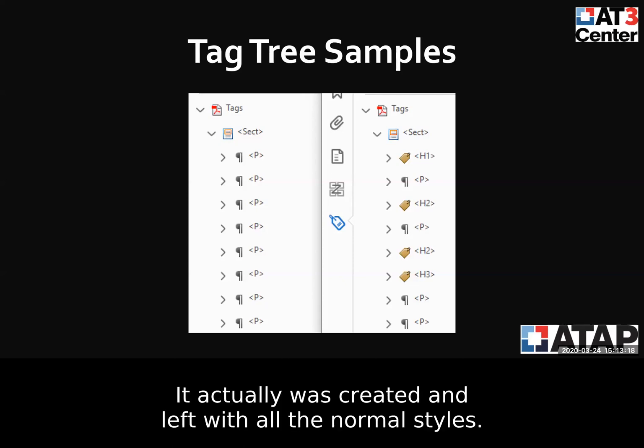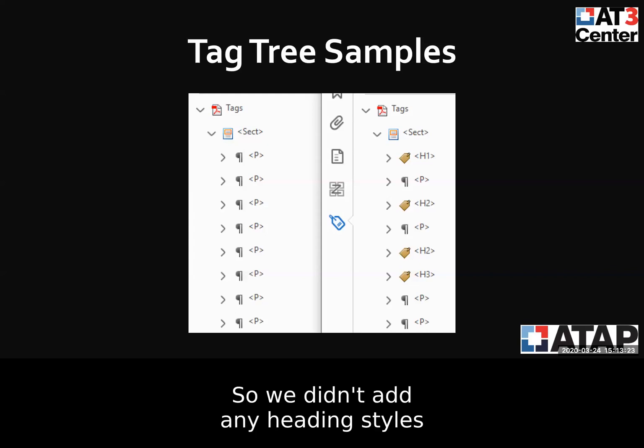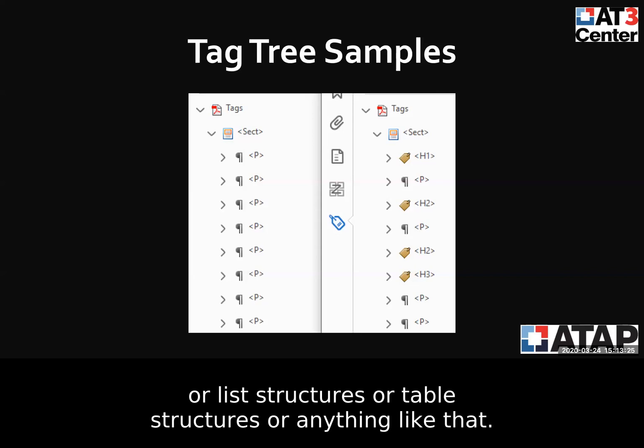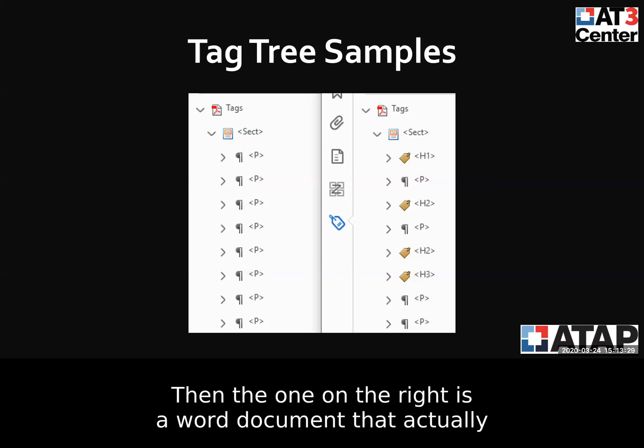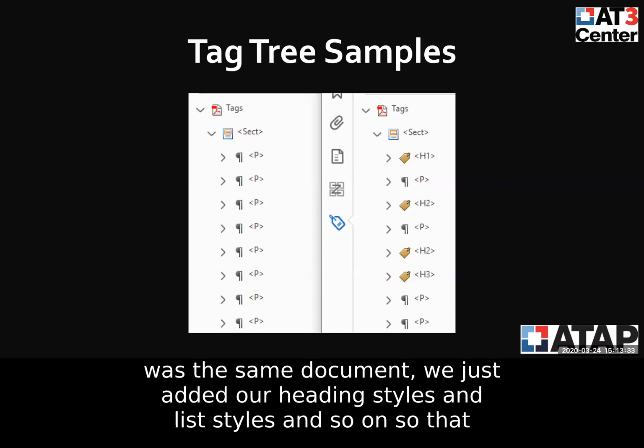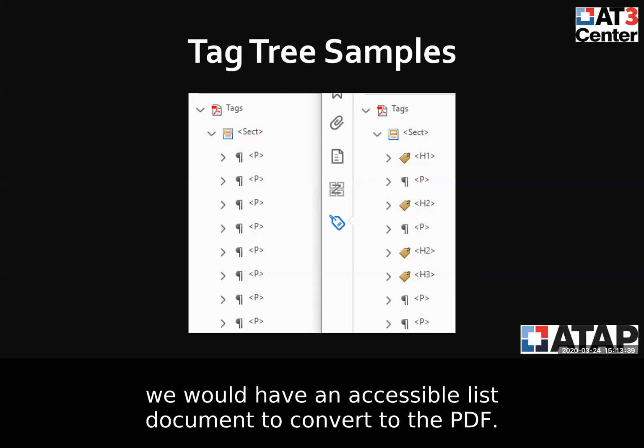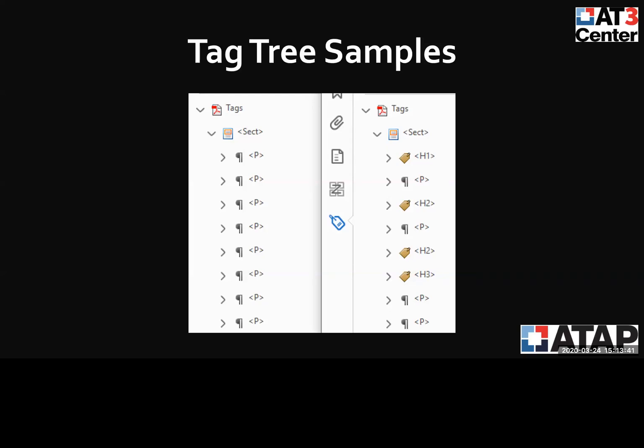It was created and just left with all the normal styles. So we didn't add any heading styles or list structures or table structures or anything like that. And then the one on the right is a Word document that was the same document. It's just we added our heading styles, list styles, and so on, so that we would have an accessible Word document to convert into the PDF.